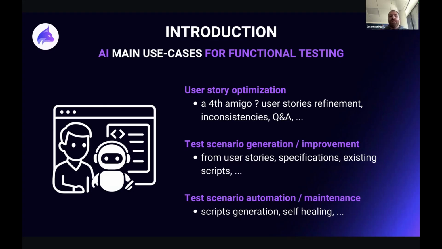Also, we can see a lot of use cases where scripts are automatically generated with AI. You can create your full code, Cypress or Playwright, and so on. And you also benefit from techniques for self-healing and repairing the script if you have an issue when you execute the tests.